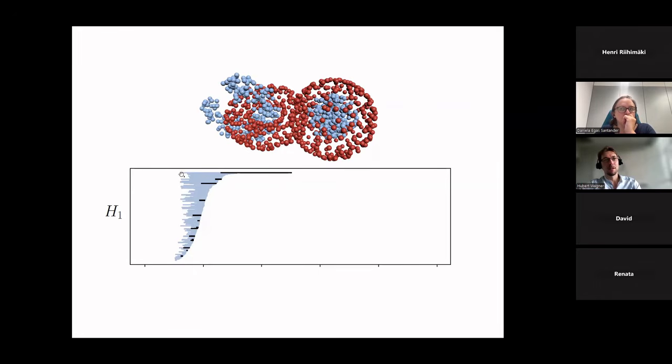So again, this is information about the persistent homology of the red points, and we split it to show the information about the interaction of the red points with the blue points. Again, in this case, this hole here only survives until this point, and then from this moment on, it becomes trivial.